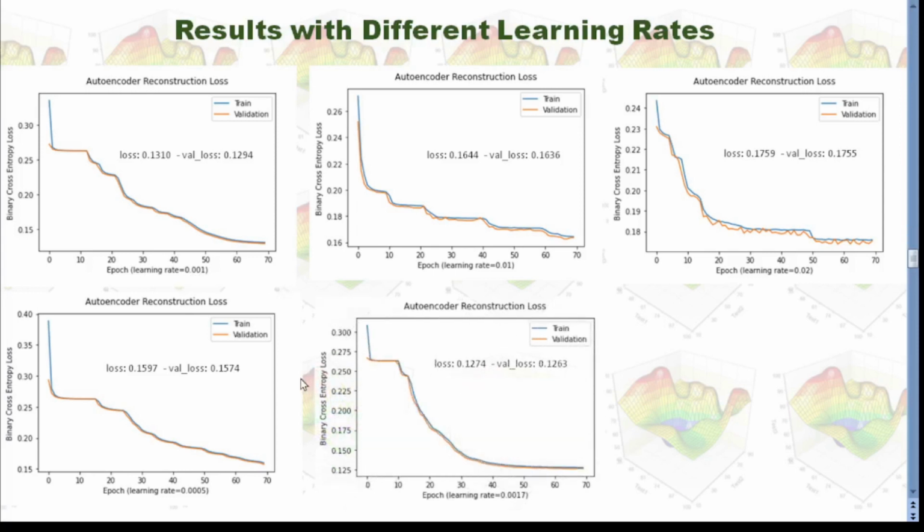You can try to get your optimal learning rate, and if your learning rate is 0.0017, you can see the value of the loss function is 0.1274. This is very small, and you see the curve is very smooth.